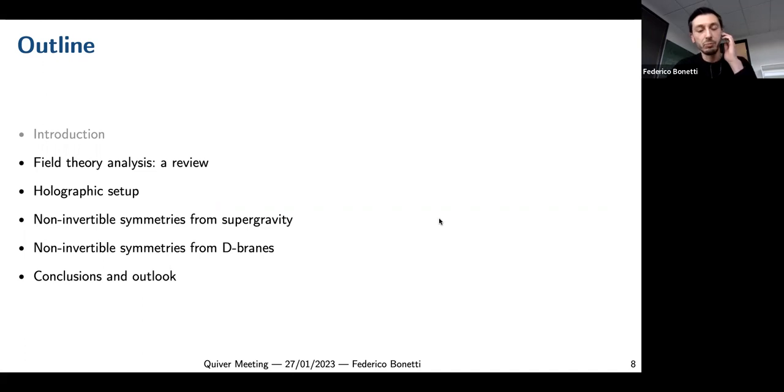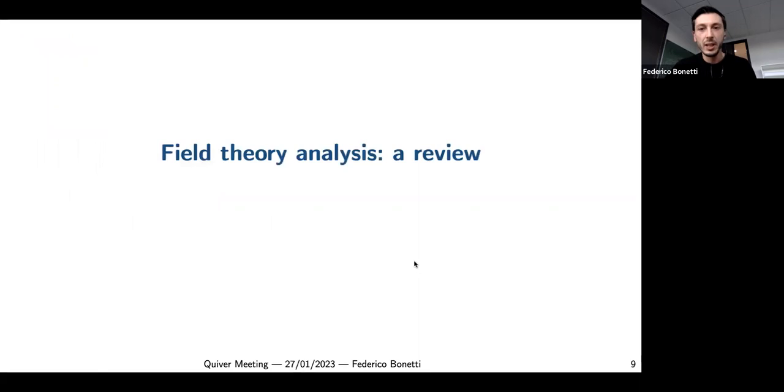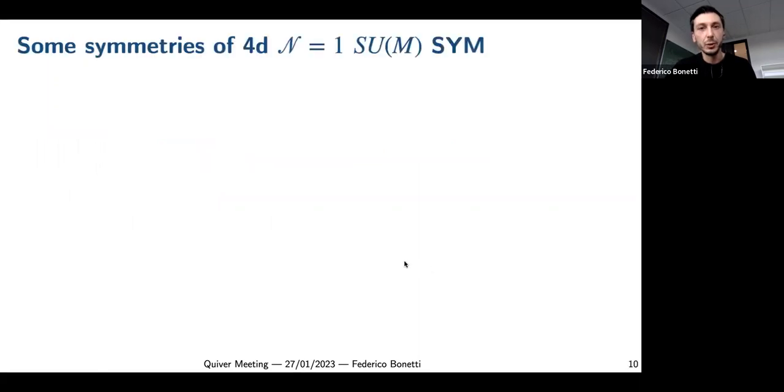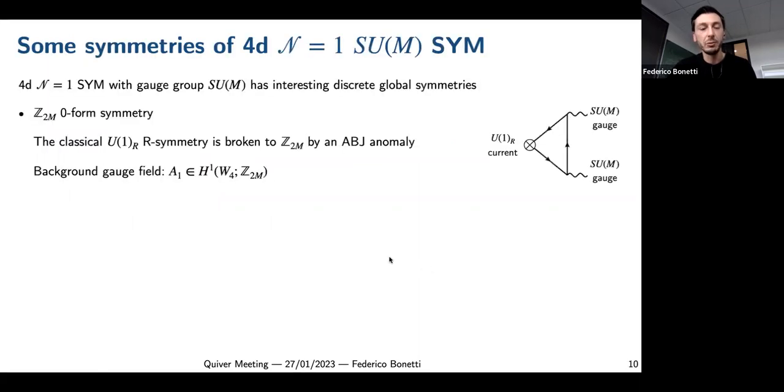Okay, so as was already asked, it's good to set the stage and remind ourselves of what kind of symmetries we are actually interested in. In particular, let's focus on the three main ingredients that we need. The first is a discrete zero-form symmetry.